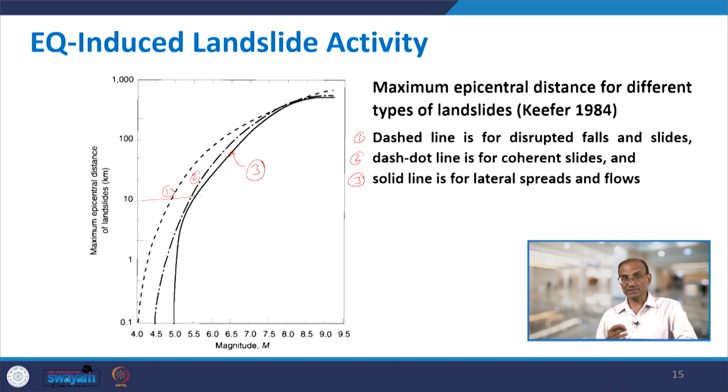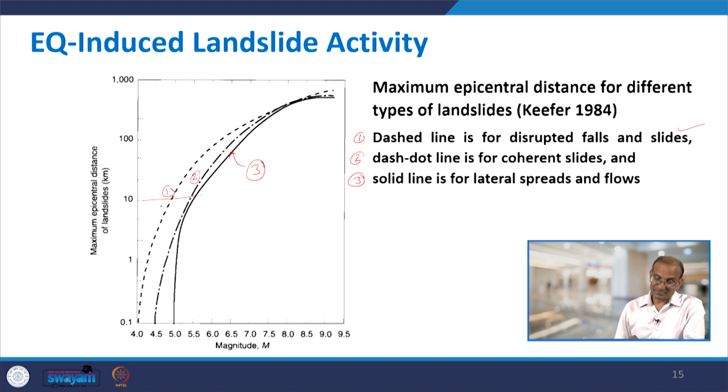So the magnitude required is increasing from 1 to 3 for the same epicentral distance, or if we keep the magnitude the same, then the epicentral distance will decrease when you go from 1 to 2 and 3. Now this chart needs to be read again for category 1, the dashed line for disrupted falls and slides.